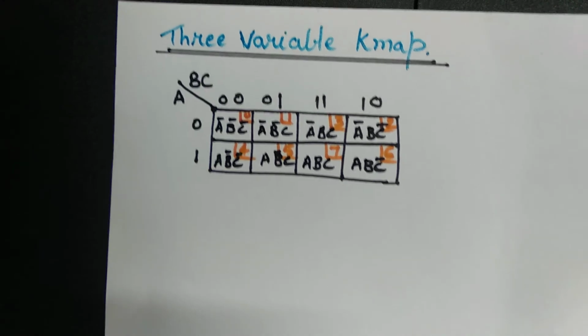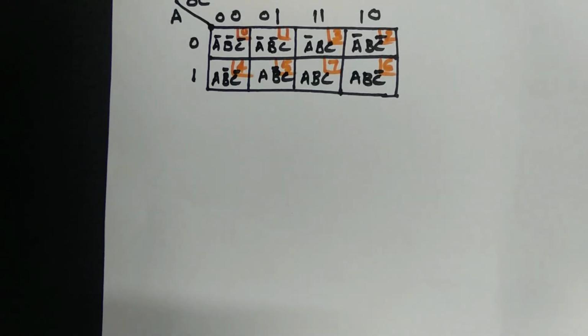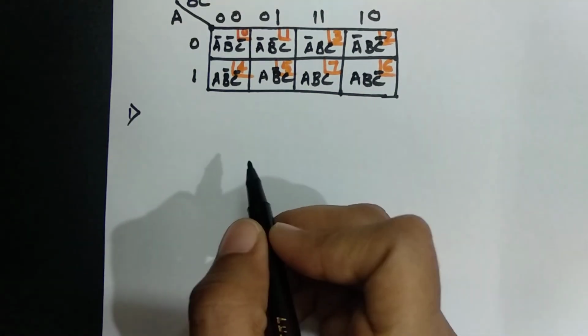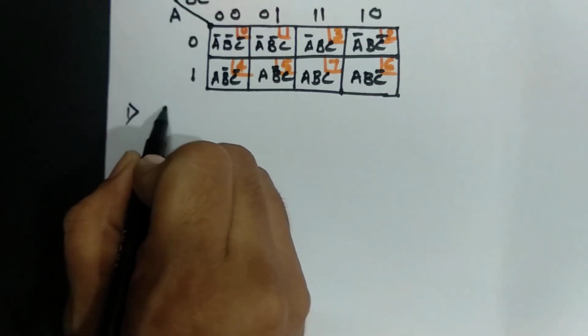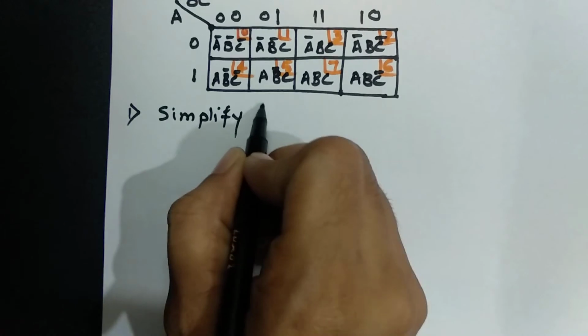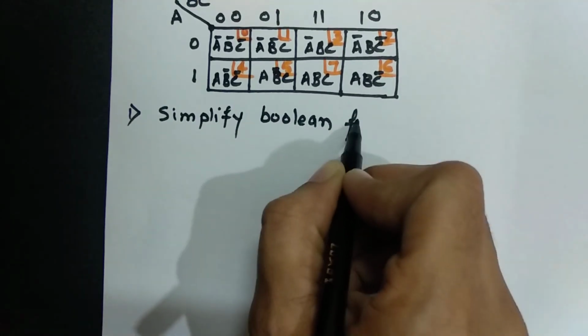Now we will take an example to get a clearer idea of how we are drawing a K-map. Simplify the Boolean function.